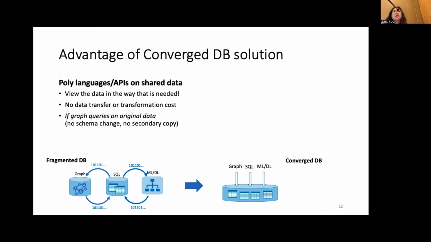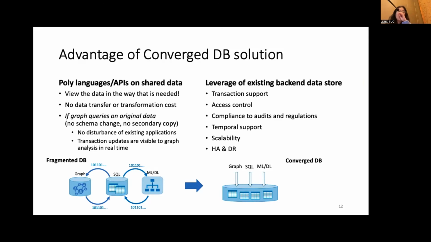Some graph databases also support graph queries on the original data from the operational store. That means there's no schema change and no secondary copy of the data. In that case, the advantage is that you're not disturbing any of the existing relational applications, and transaction updates to the operational store can be visible to the graph analysis in real time.